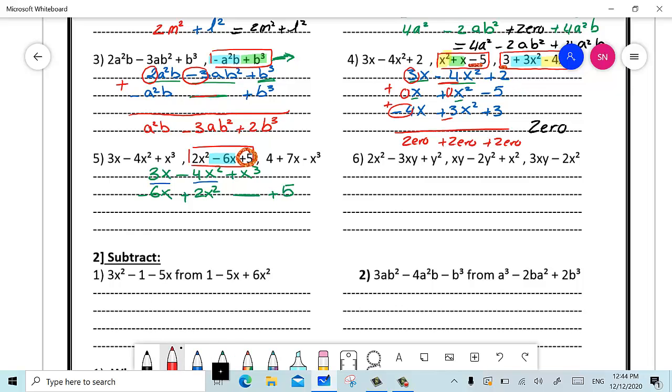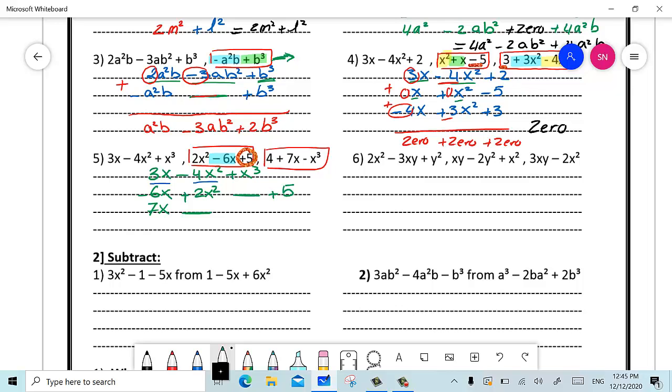And then we are going to see the third expression, and we are going to arrange it in the same way. I'm looking now for the term that has x, and the term that has x is positive 7x. So I'm going to write 7x. And then I'm going to see, do I have any term containing x squared in the third expression? No, I don't have any, so I'm going to leave a space.